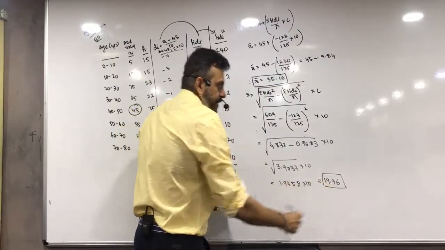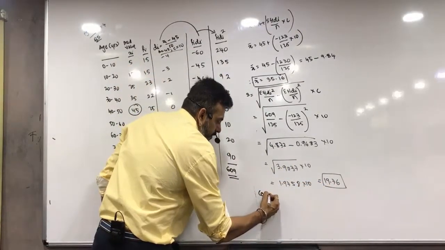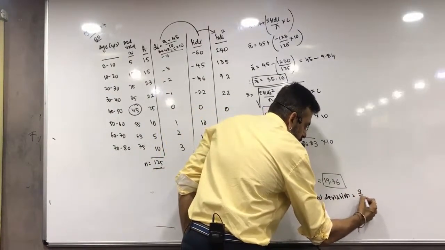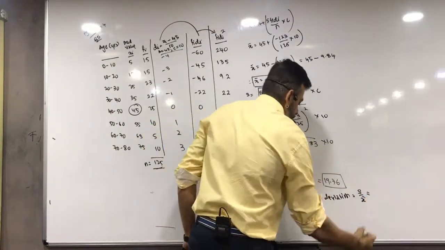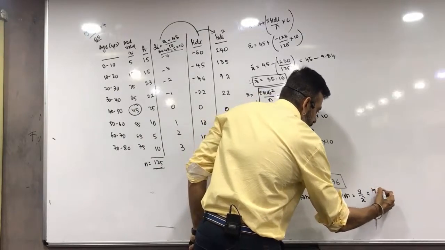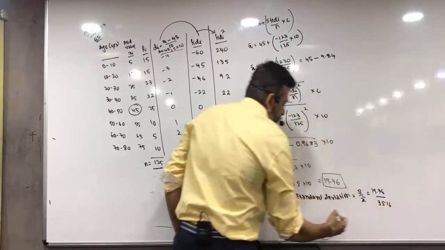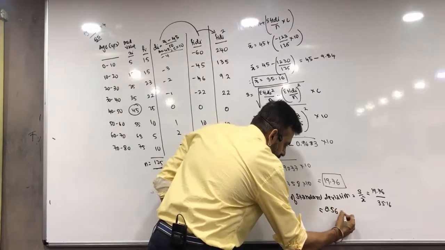Coefficient of standard deviation is equal to S upon X bar, which is equal to 19.76 upon 35.16 is equal to 0.56.